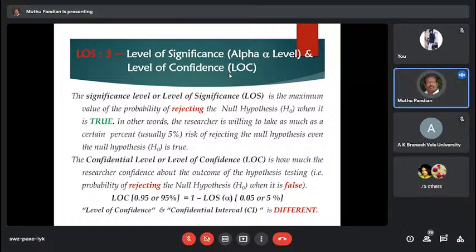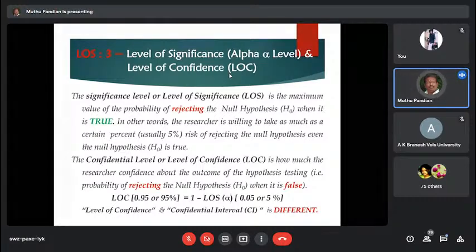Whereas the level of confidence is how much confidence the researcher has about the outcome of the hypothesis testing, the probability of rejecting the hypothesis when it is false. There are two terms.